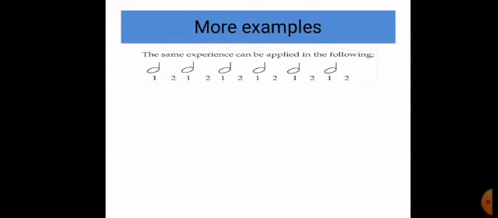Let's have some more examples. In the same way, we can perform these notes. These have 2 counts each. Alright, so 1, 2, 1, 2, 1, 2.